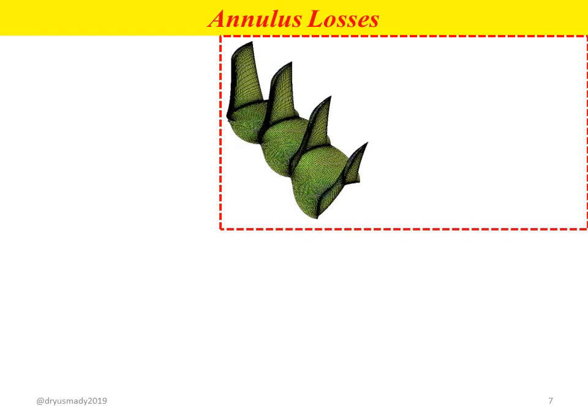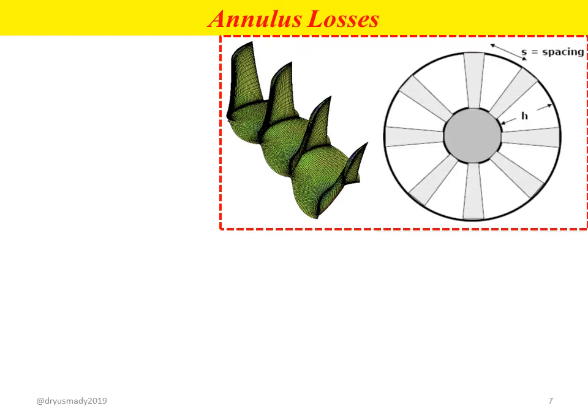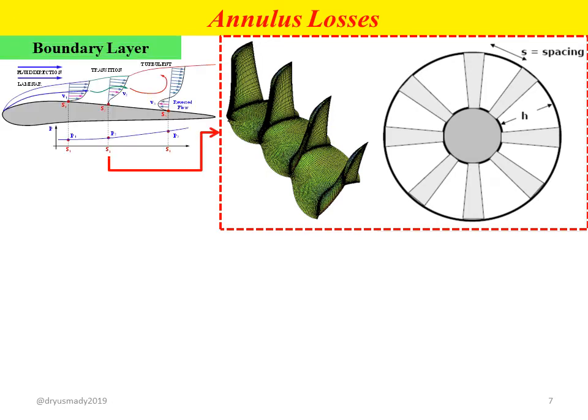Okay, the first figure shows the arrangement of blades on a rotor, and the second figure shows the front view of a rotor, where S refers to spacing and H refers to the height of the blade. Normally annulus losses involve the boundary layer in specific regions of the rotor, normally referring to the boundary layer in the annular flow passage as shown in the figure.